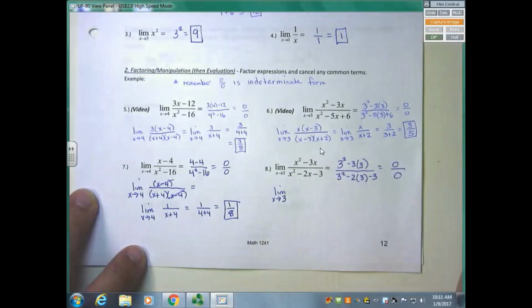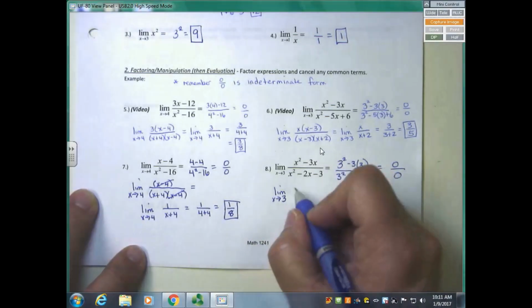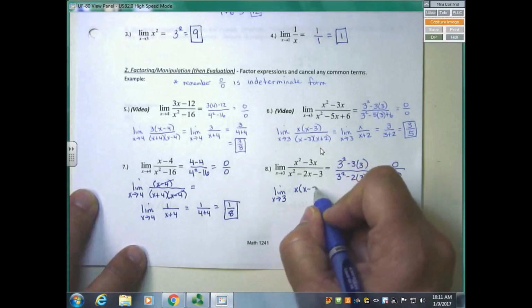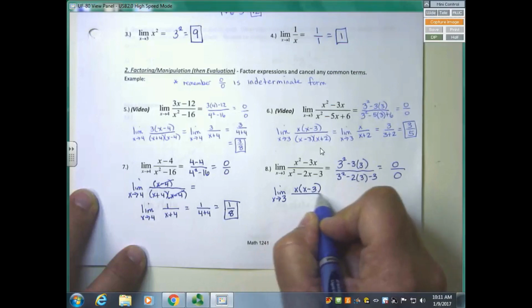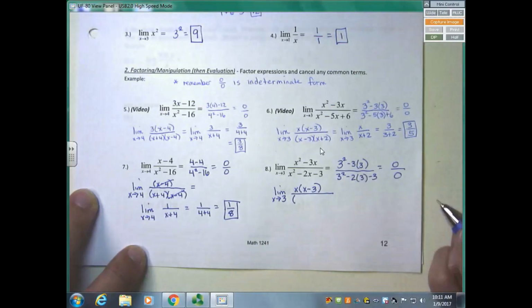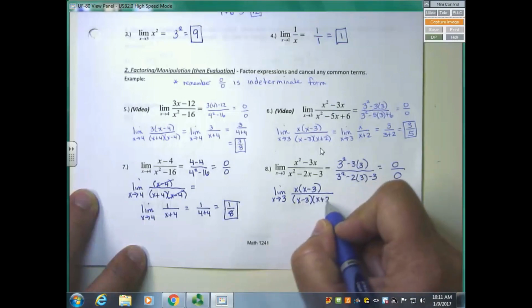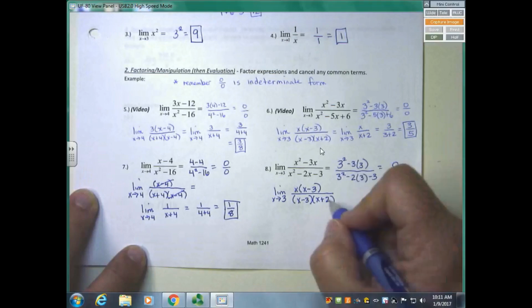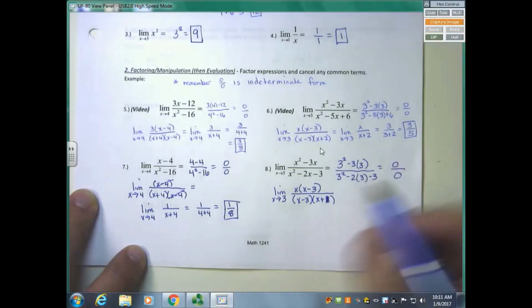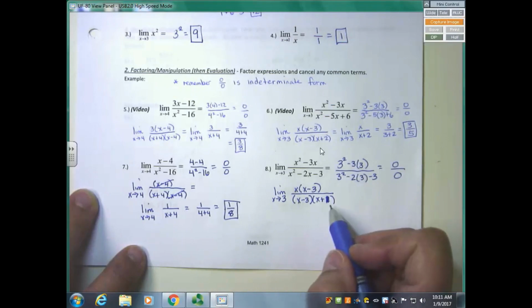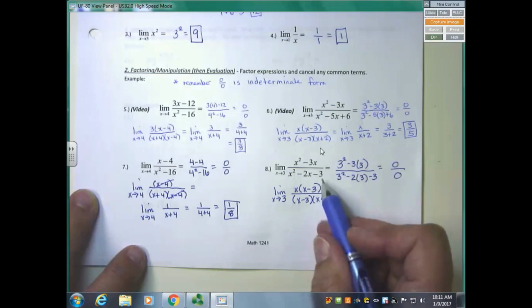So the first method, factor. So in the top, I can factor out an x. And in the bottom, that factors x minus 3 and x plus 1. Factors of 3 that subtract to give you 2.